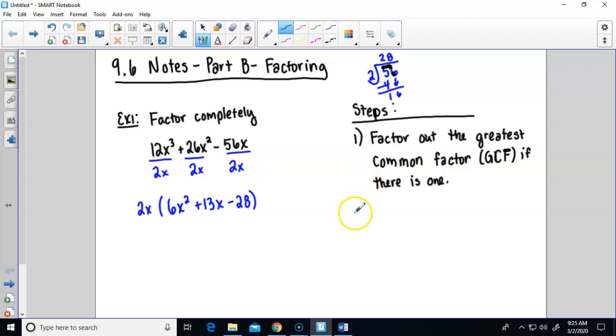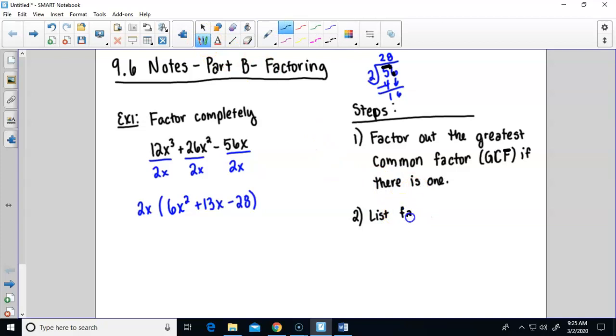All right, so the second thing that you're going to do is you're going to list factors, not multiples. Sorry, I get my terms mixed up.